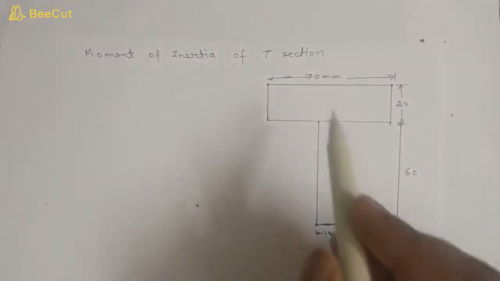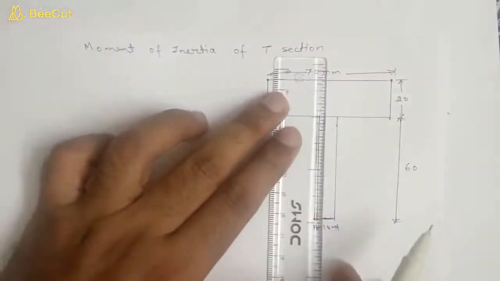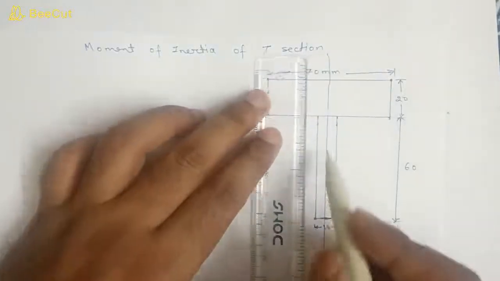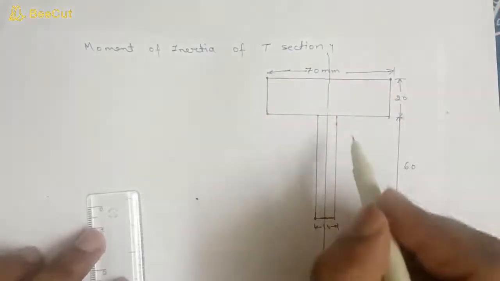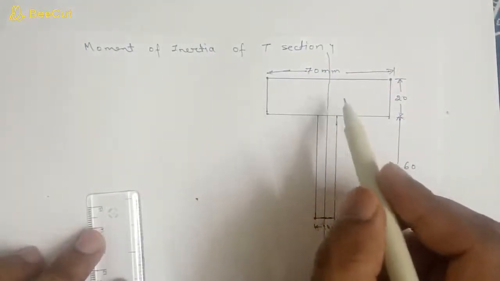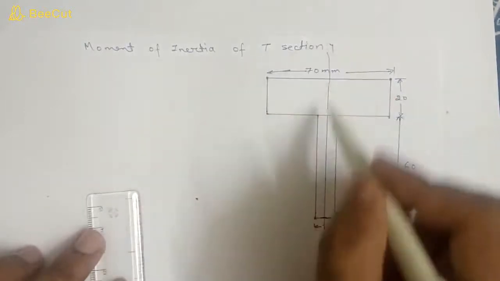In this case we can see that if we draw a y-axis in between of this section, then this T section is symmetrical about this axis, because this T section has similar area either this side or this side of this y-axis.